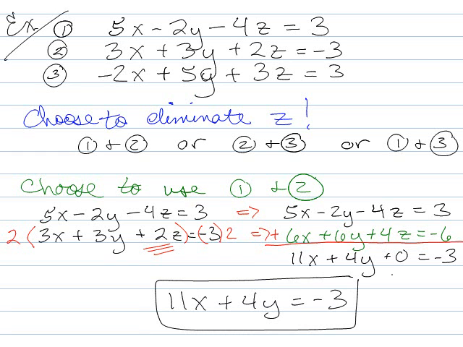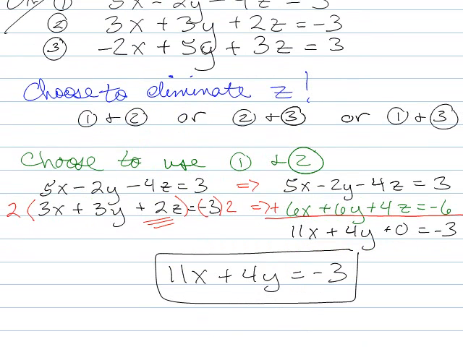Okay, so now I need to get rid of z again using a different pair. You see what's going to happen? I'm going to get another equation that just has x and y in it, and I know how to solve those problems. So this time I'm arbitrarily choosing 2 and 3.